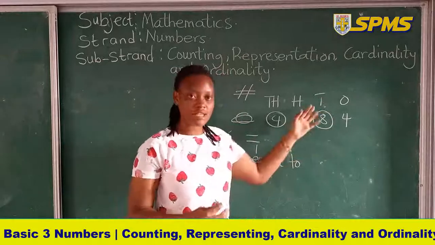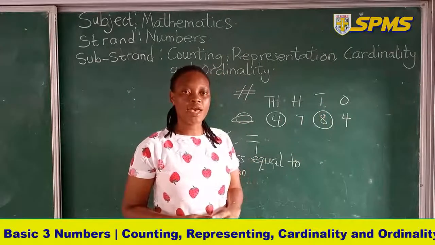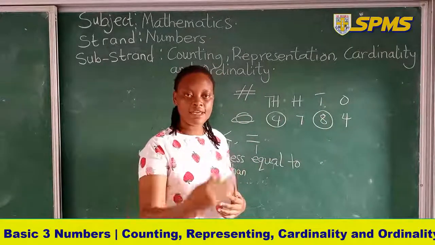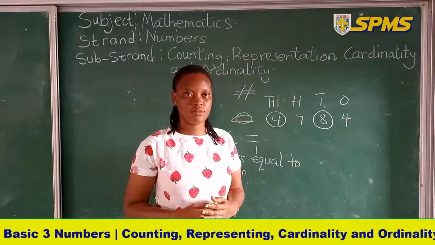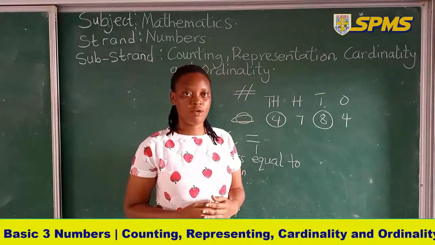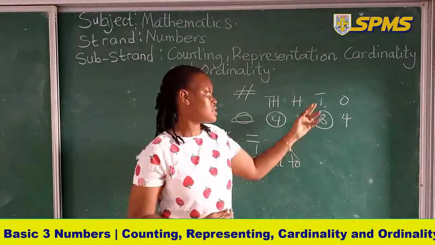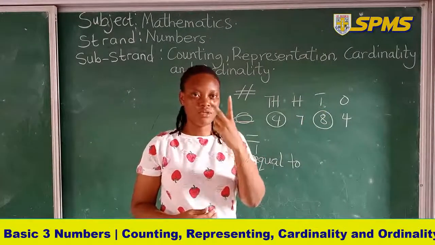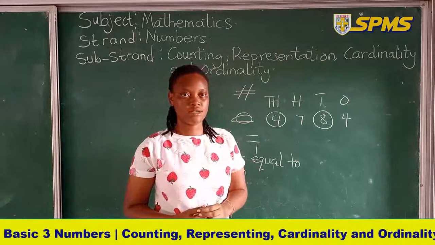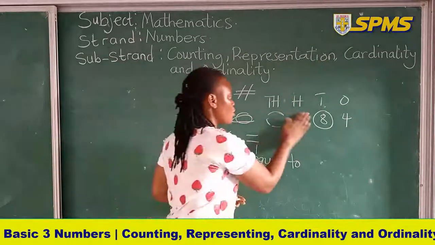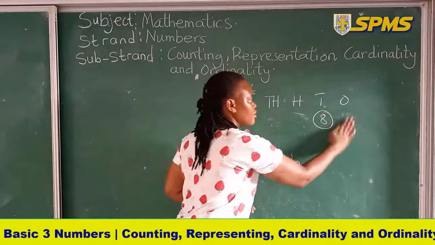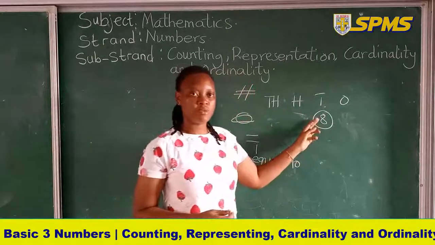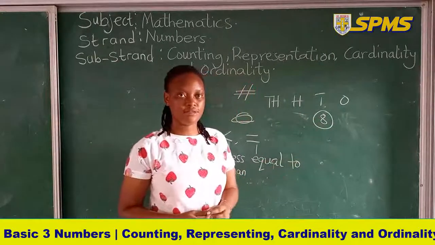So 8 will be 80. I hope you get that. Because we said that the tens comes in 2 digits. So if there are no numbers at all here, the 8 represents 80.